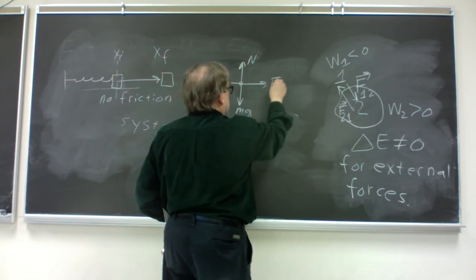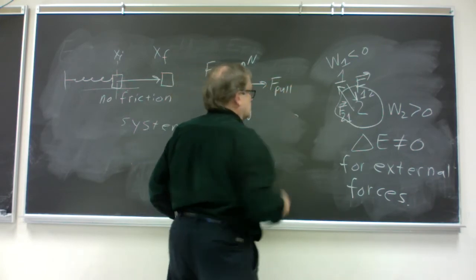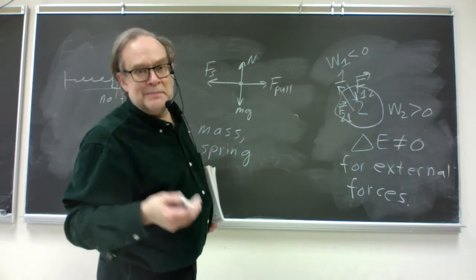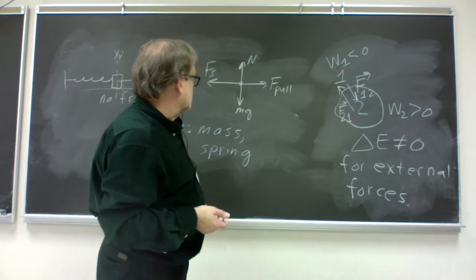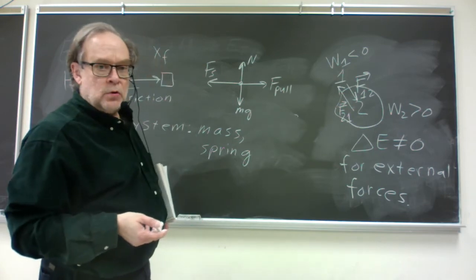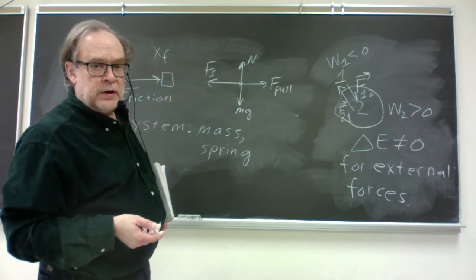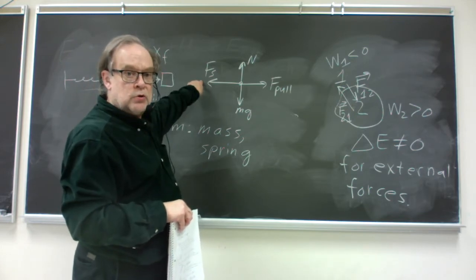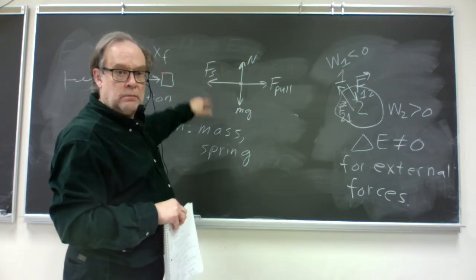But we'll just call that a pulling force, even though it's really static friction. Okay, so what forces are internal, what forces are external? Well, this force comes from the spring, which is part of the system, so it's internal.